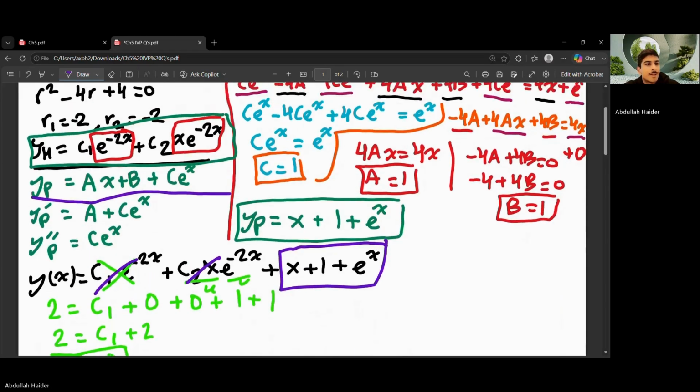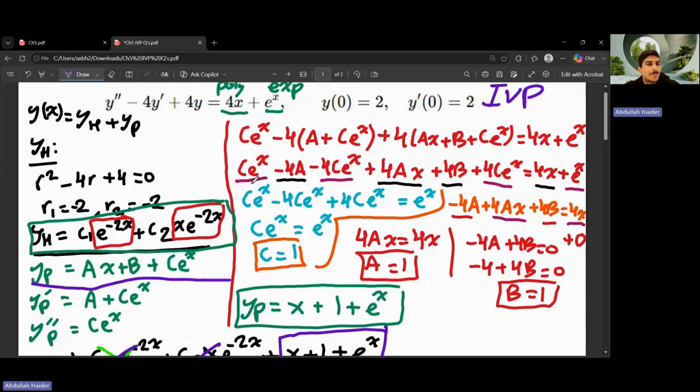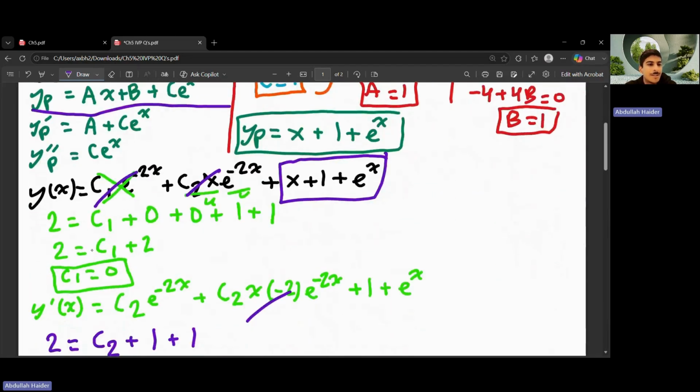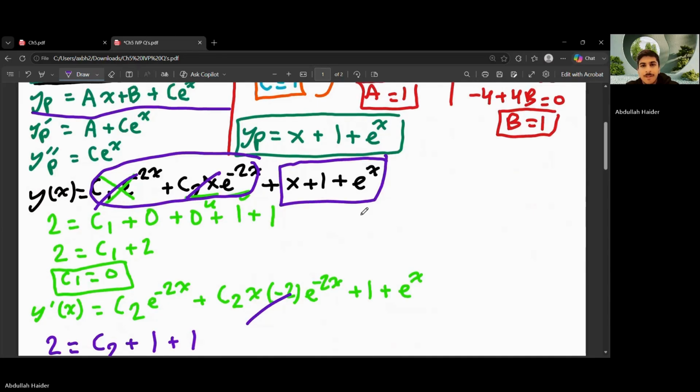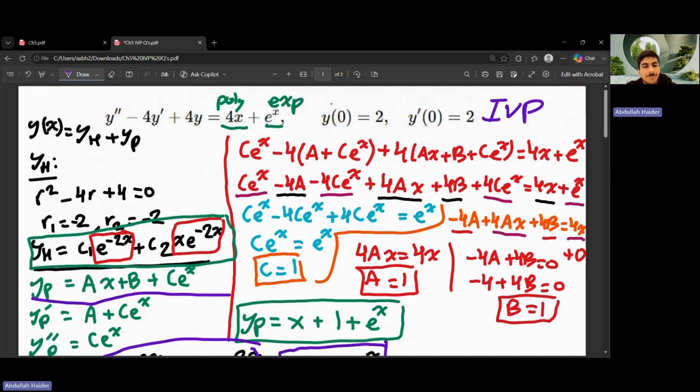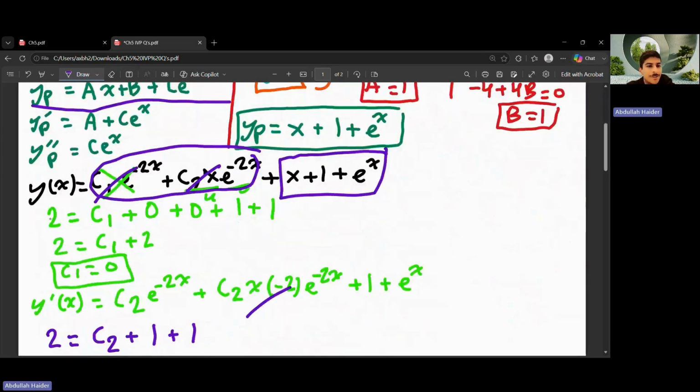And the next part is to add up the homogeneous and the particular into one equation. So this was our homogeneous. This was our particular, and then to find C1, you apply the initial condition.